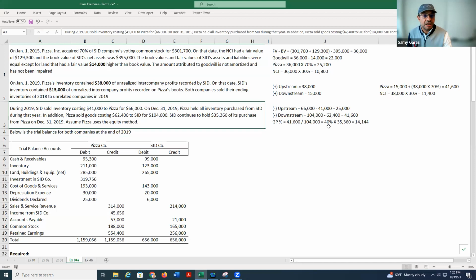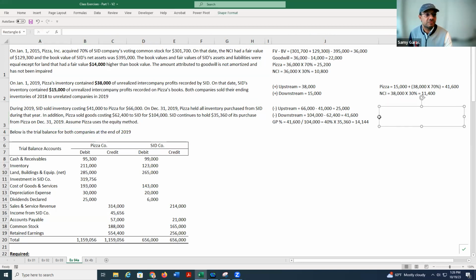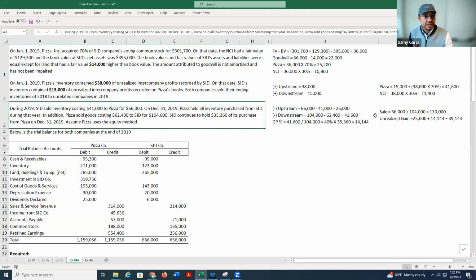We multiply 40% by the remaining amount that was still unsold by the end of the year, 35,360, we get 14,144. Now, the total unrealized gain for the parent company will be the downstream sale plus the portion of the upstream sale.